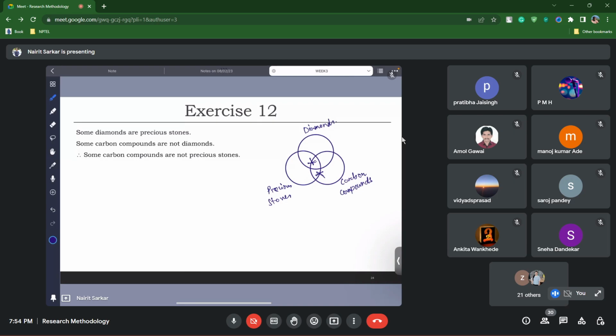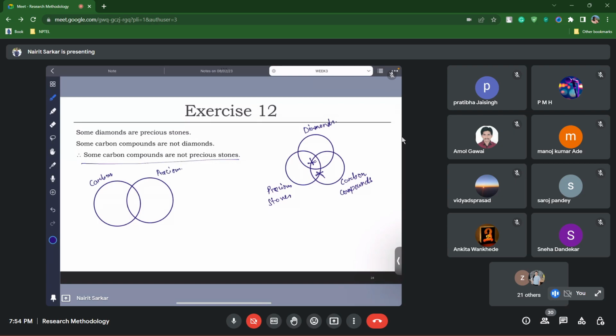Is it understandable for everyone? Yes. Then some carbon compounds are not precious stones. If we draw two circles, one is carbon compounds and the second one is precious stones.